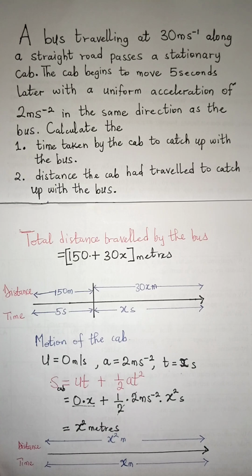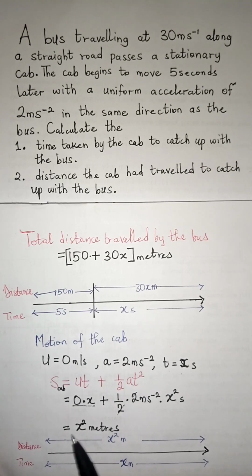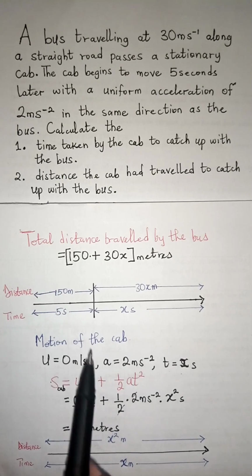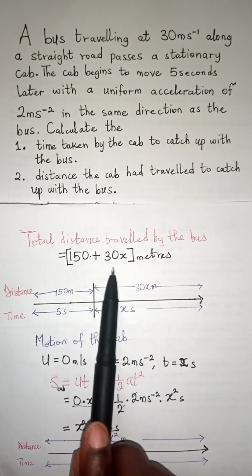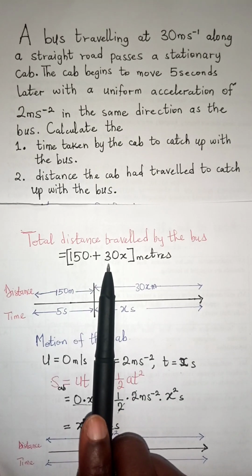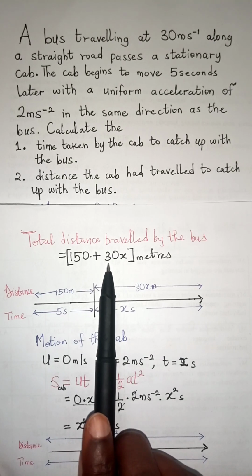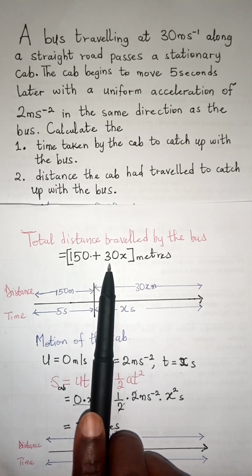So it continued, then it traveled another 30x meters. Now, for this cab to catch up with the bus, it had to travel this total distance, the 150 meters and the 30x meters. So the total distance traveled by the cab, x squared meters, must be the same as the distance traveled by the bus, and that forms the basis for how to calculate the value of x, which is the time taken by the cab to catch up with the bus.